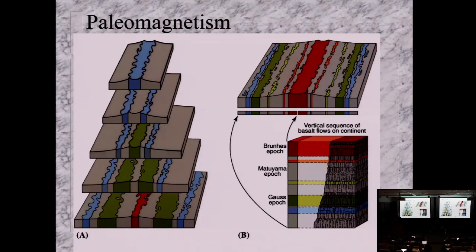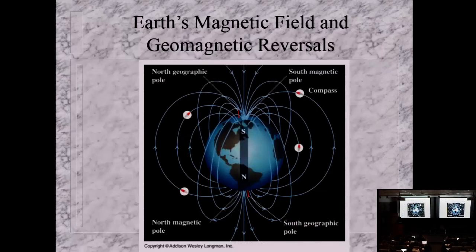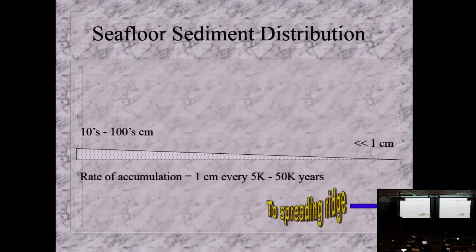So seafloor spreading has explained paleomagnetism. Again, we're back at the top slide. Paleomagnetism is the recording of Earth's magnetic field. And the fact that those volcanoes are constantly active means that the center of the ocean is 0 years old. And as you get to the edges of the ocean, you end up with millions of year old rock.